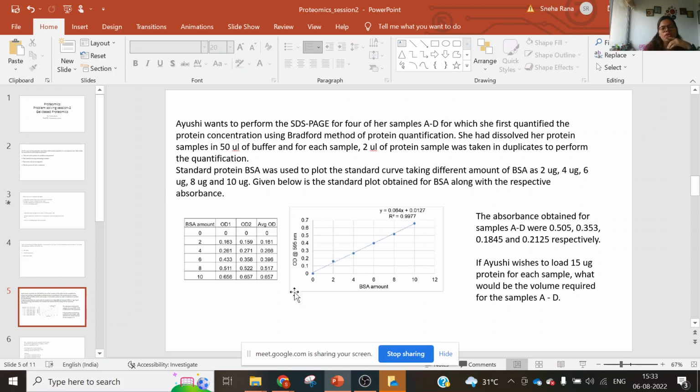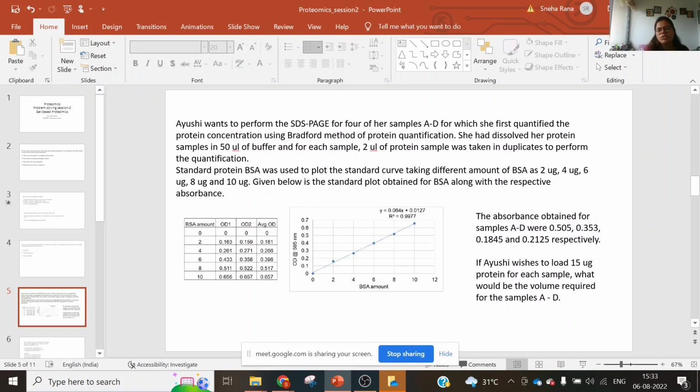So for this particular Bradford assay, she had taken 2 microliter of protein from the 50 microliter of her protein sample. Okay, so take this into account.